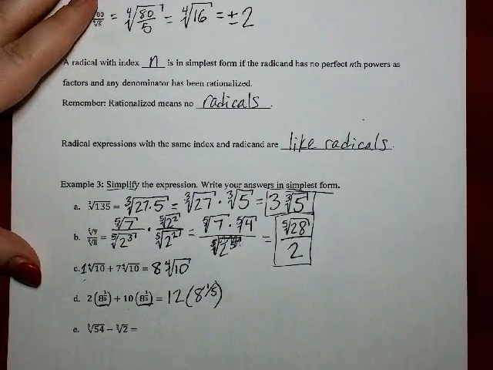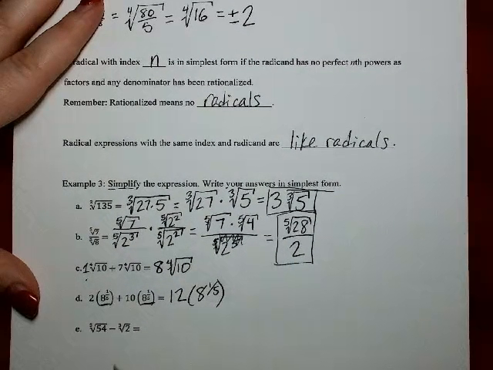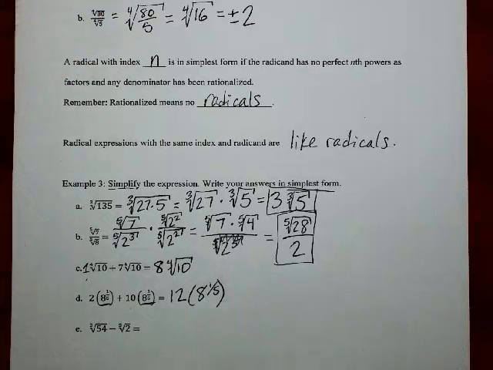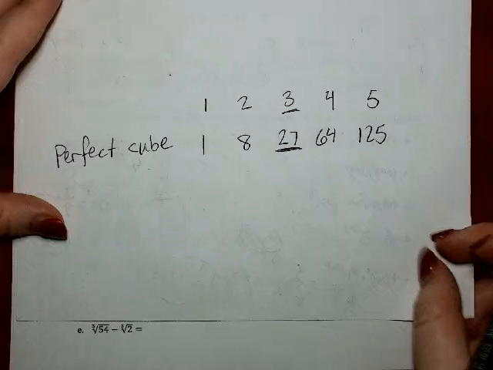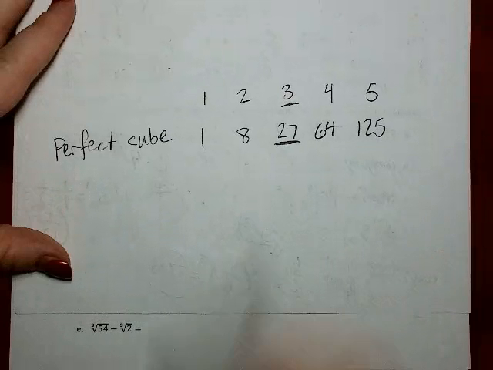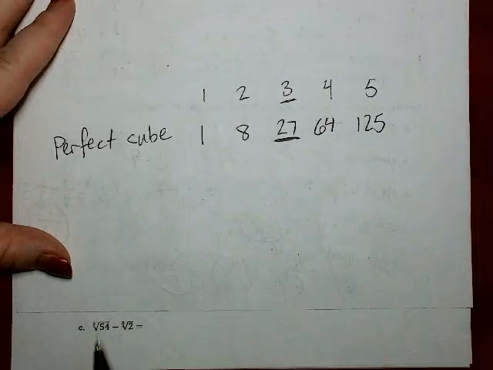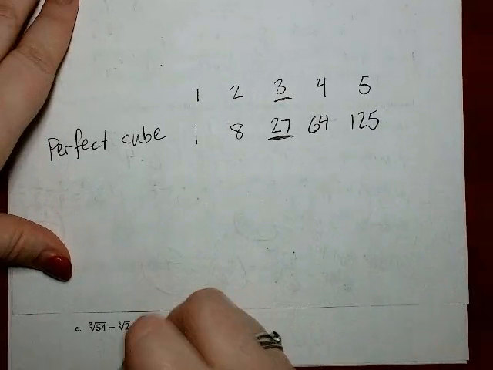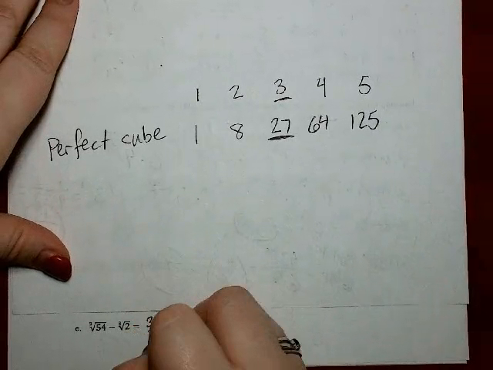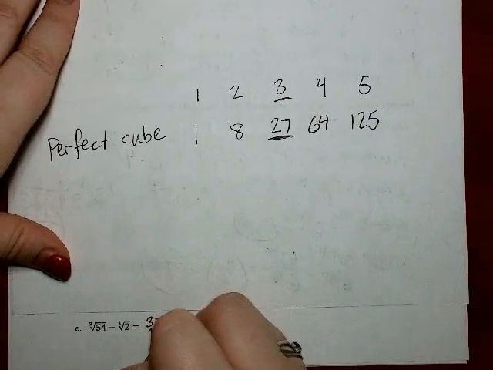And then here, these aren't the same, so we're going to have to simplify this one. So, again, we are looking for perfect cubes. So one of these numbers that goes into 54, and it happens to be 27 again. So 54 is the same as the cubed root of 27 times 2.